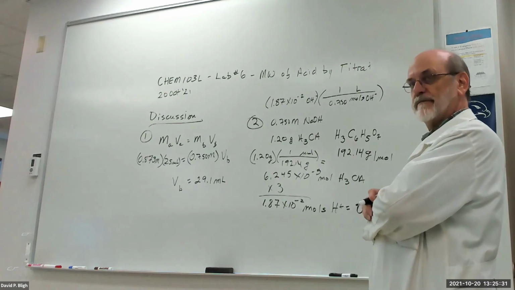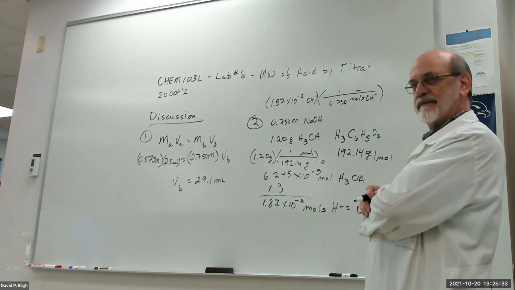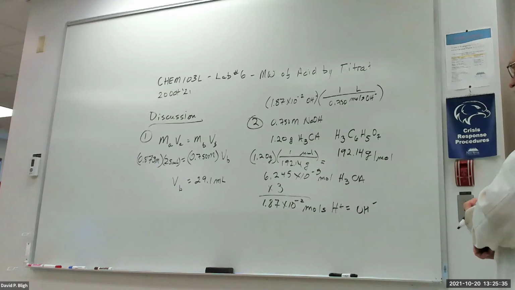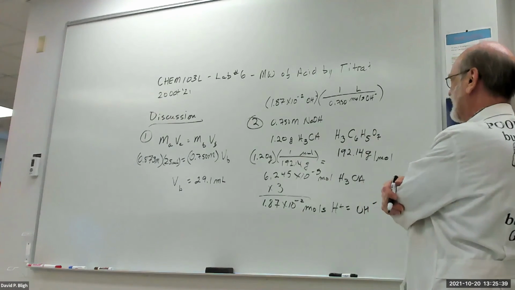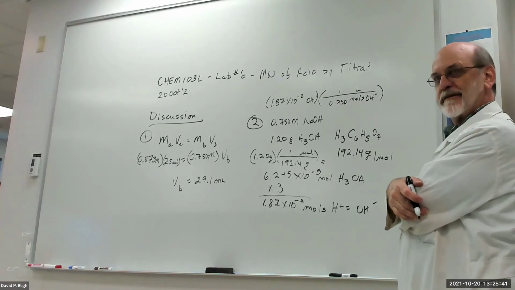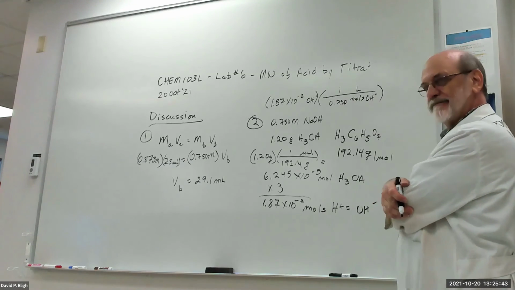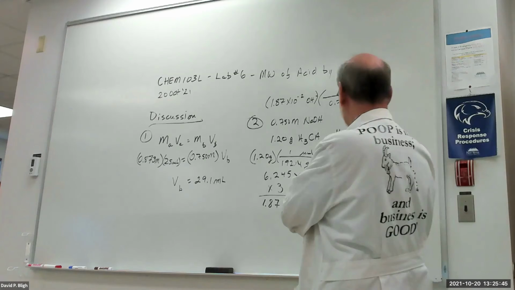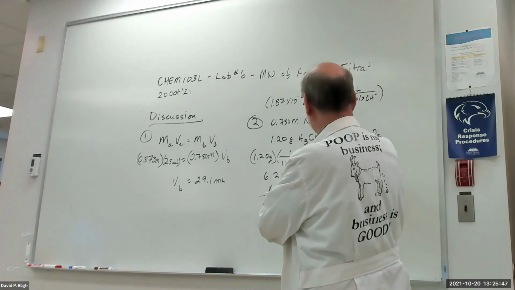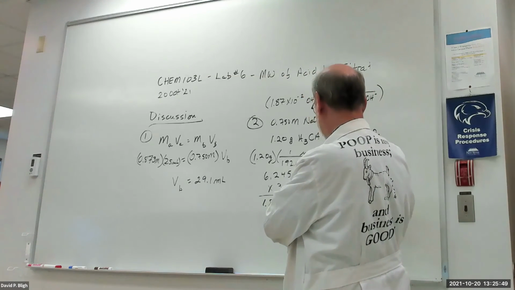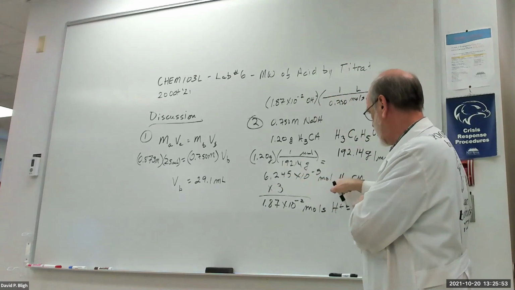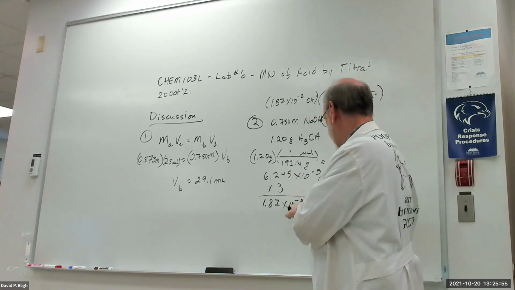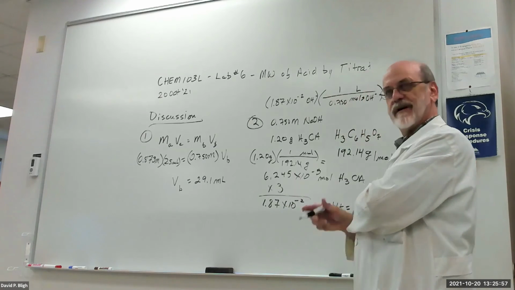You know what that means? Oh, okay. Oh, you're looking down at this. I talk too fast. Where did the times 3 come from? Times 3 comes from 3 protons. Right? This is moles of the compound. This makes moles of the hydrogens.